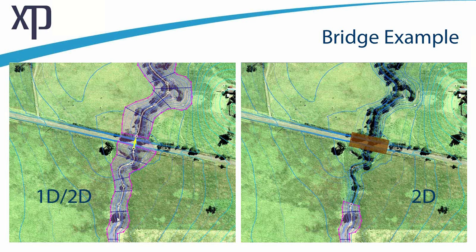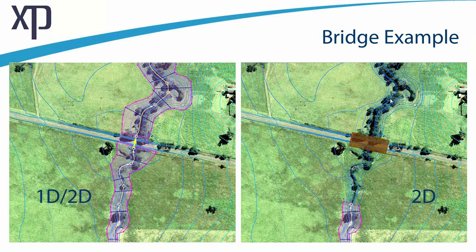Let's look at an example. On the left we have a 1D, 2D model. So we have 1D links, nodes, and there's a bridge structure there with the yellow arrow in the middle. And on the right we have a fully 2D. Well, in fact what we've done is we've transitioned from 1D to 2D in the bottom right of the screen, and the rest is just fully 2D.